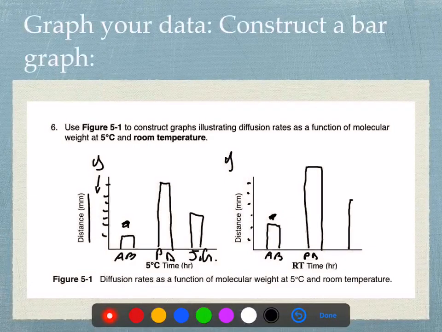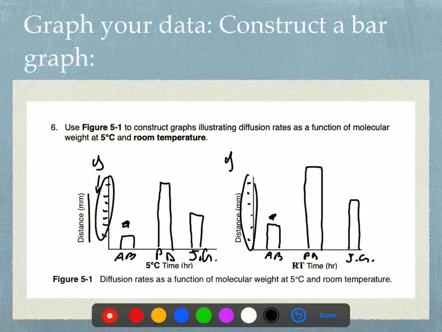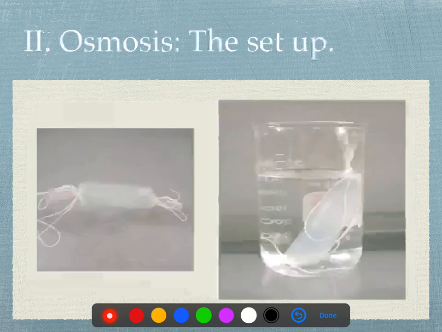Potassium dichromate should have traveled a little bit farther. And then Janus green also would have traveled a little bit farther. So I want you to label everything, right? Make sure that you have a good scale here, a consistent scale, so that we can make a comparison between both of these bar graphs. Should be pretty simple. Again, email me if you have questions.